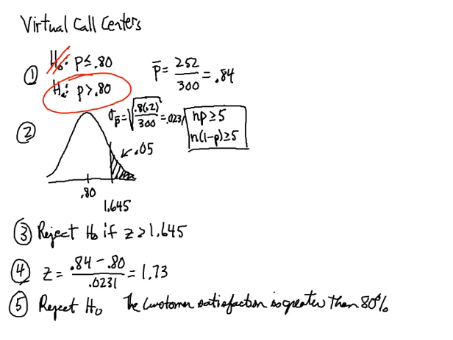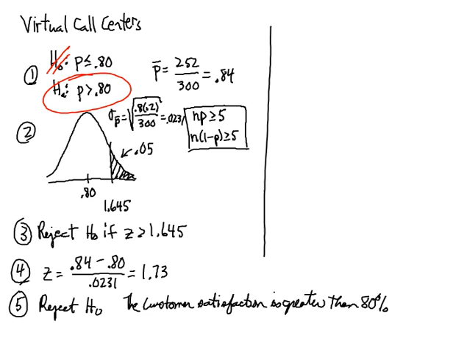And so they can move forward in these call centers because they have statistical proof, significant proof that the customer satisfaction will be at greater than the 80% that they desired.